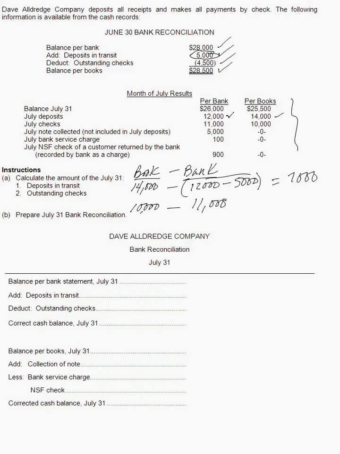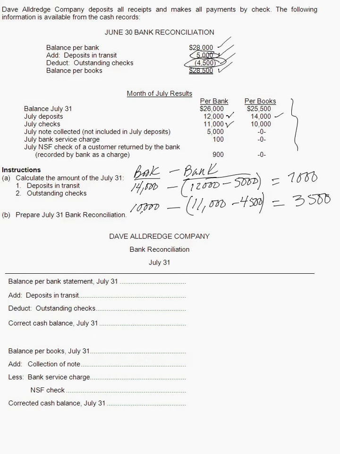Well, the only way that can happen is if some of the checks that cleared in the month of July came from checks that were written in June. So we need to subtract those June outstanding checks to come up with the actual outstanding checks for the month of July.